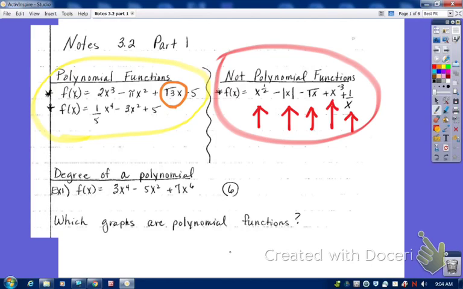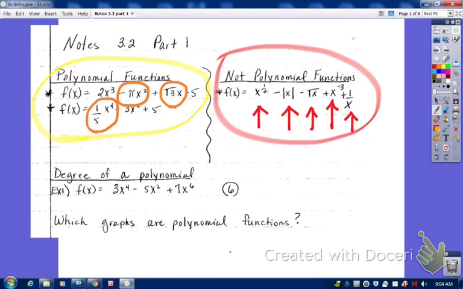Sometimes they'll try to throw in a problem to get you to think it's not a polynomial. And why is 1/5 x to the 4th okay? X is not in the denominator, the 5 is. And the negative pi x squared, some people think that's really weird, but pi is a number. It's just irrational. It never ends and it never repeats.